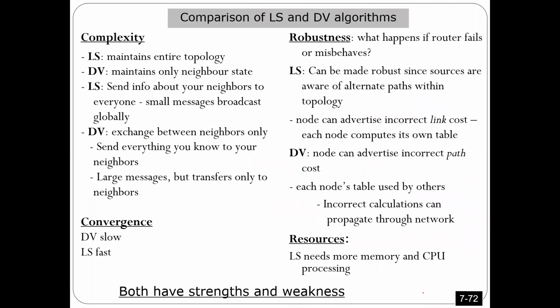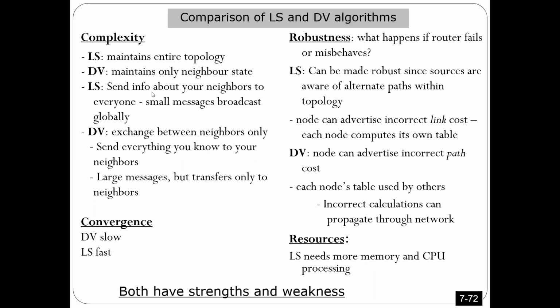Finally, here I want to make a comparison between LS and DV. So let's talk about complexity first. As I told you before, in LS we have the entire topology. But in distance vector, you only have a distance vector from neighbors.